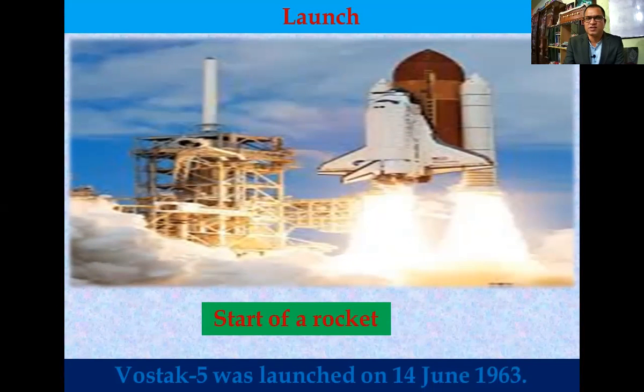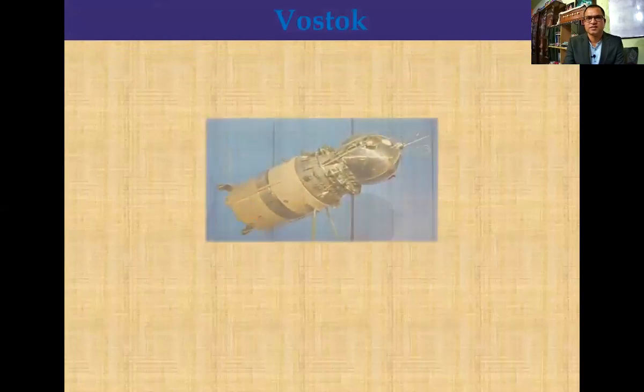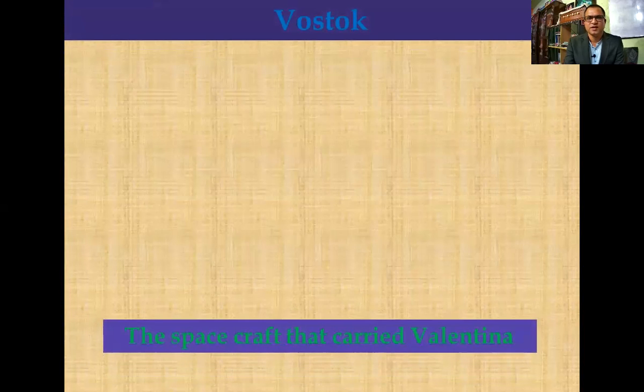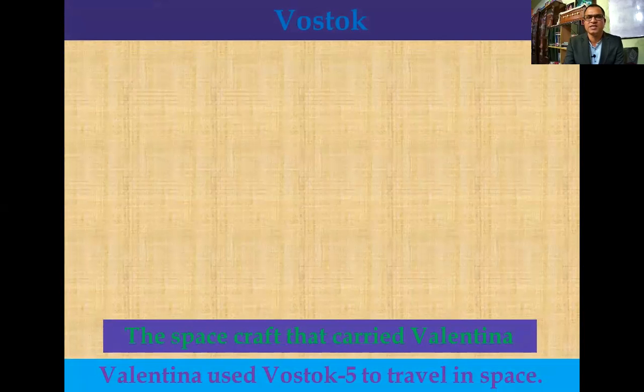Vostok 5 was launched on 14 June 1963. Vostok. This is the picture. Now, the spacecraft that carried Valentina. Valentina used Vostok 5 to travel in space.